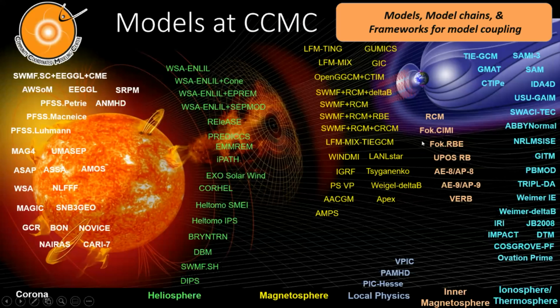All right, so here's a good sample of the models that we host at CCMC. This is just to demonstrate the breadth of the problem that we're facing at CCMC. We have a wide range of models across all of the domains of heliophysics and space weather. And the problem is twofold.